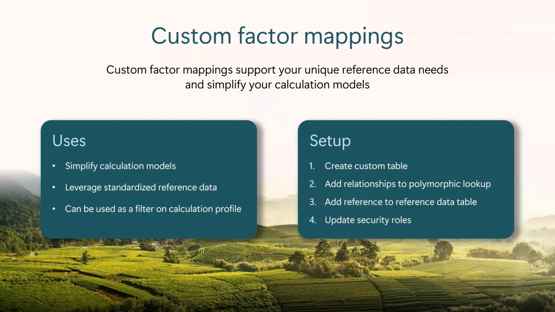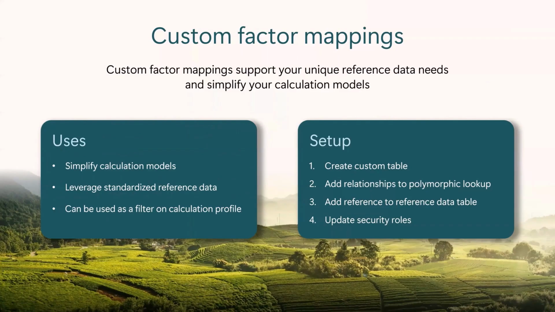By integrating customer-specific reference data, you can create more accurate and detailed sustainability reports. This approach not only simplifies the calculation process, but also ensures that your reports are tailored to your specific needs. Custom factor mappings provide a flexible and efficient way to manage your sustainability data, making it easier to track and report on key metrics.